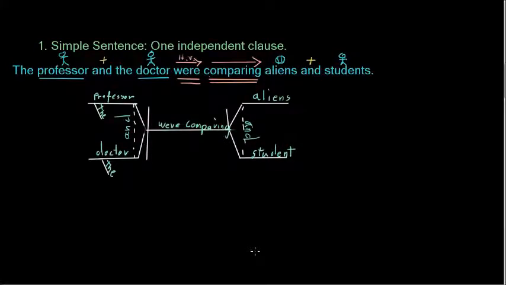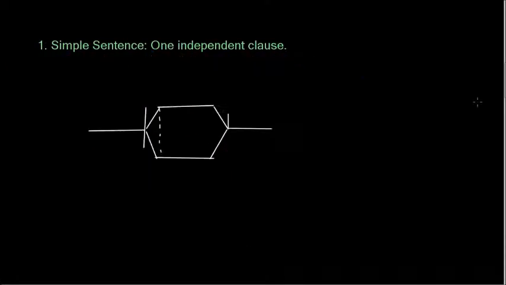Compound subjects, compound predicates. Now we can also have compound verbs, in which case our line branches out and then comes back together.